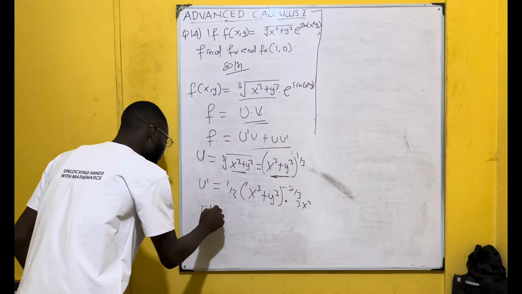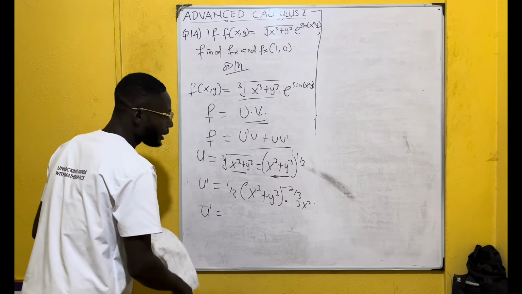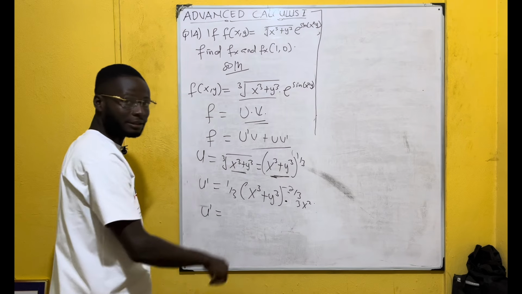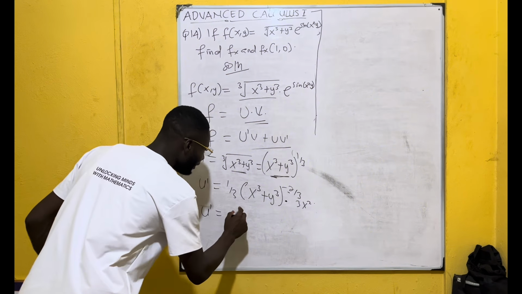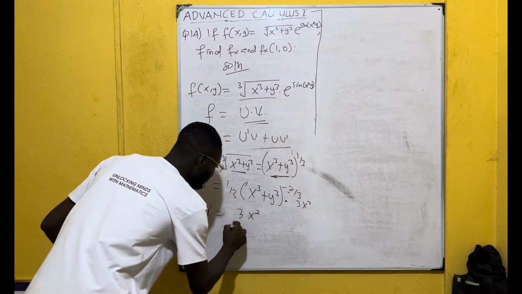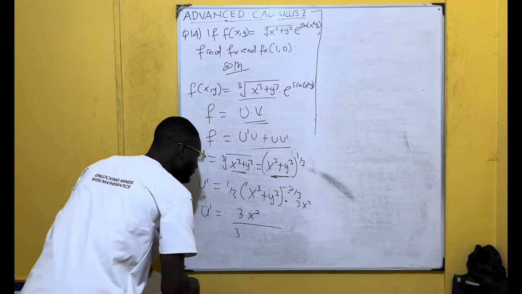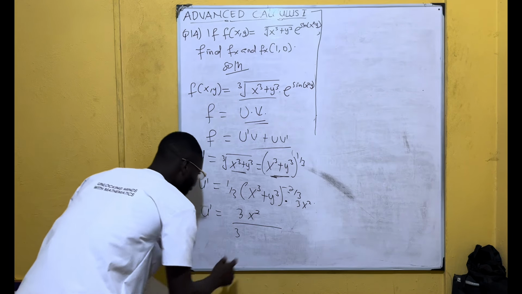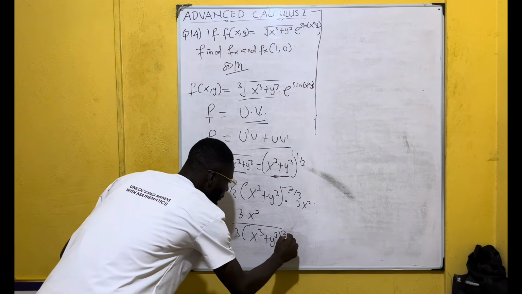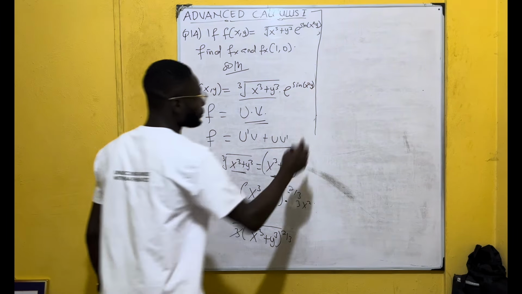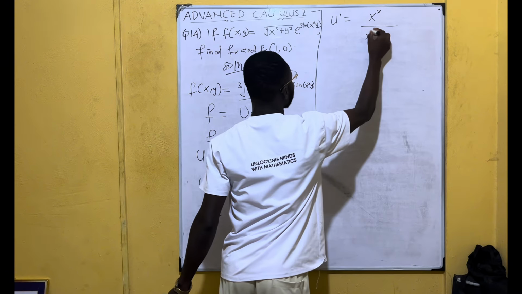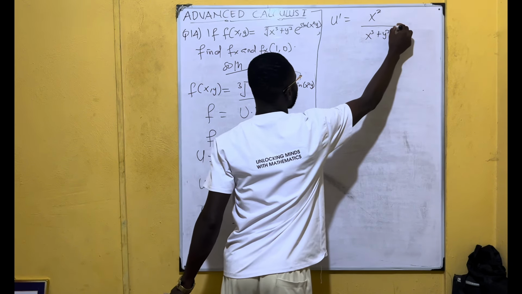So we have u prime equal to, because this is negative 2 over 3, we can bring it down, so we have 3x squared divided by 3 into brackets x cubed plus y cubed all to the power 2 over 3. And you know that the 3 will cancel. So we have u prime equal to x squared divided by x cubed plus y cubed all to the power 2 over 3.